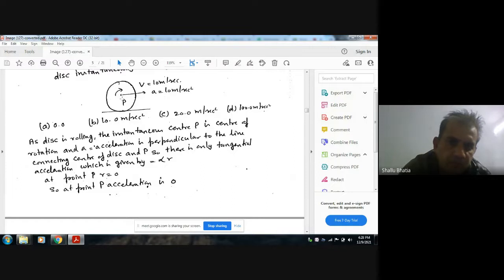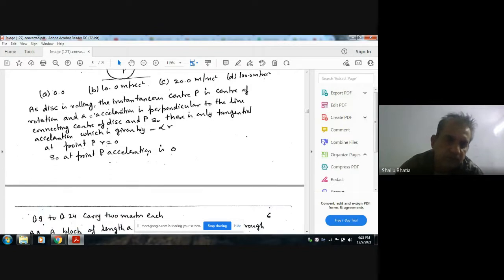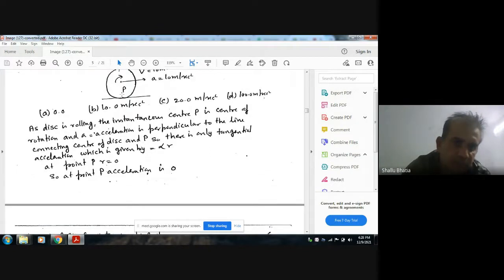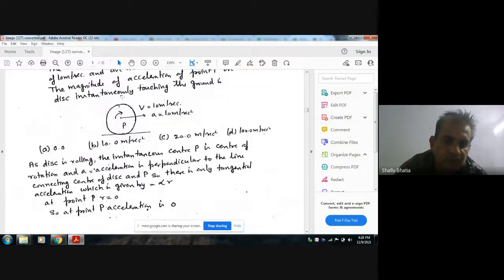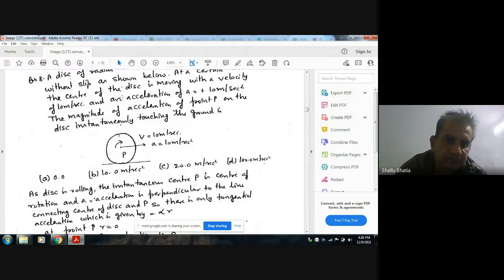So it will be due to only alpha r. There will be only the tangential component of acceleration. There will be no centripetal component of acceleration. At point P, the radius is 0, so the acceleration of point P will be 0, because this is the point of rotation. At the point of rotation, there will be no acceleration.